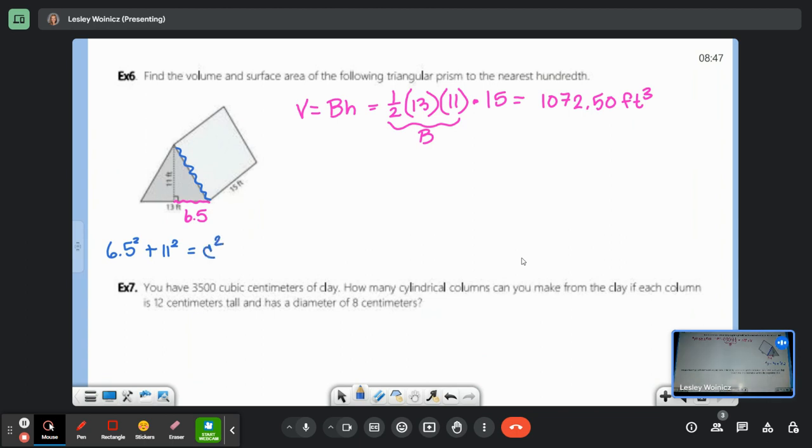What do we get? 6.5 squared is 42.25. And then the square root. Can you do a power 0.5? 12.77. That's what I remember. So it's almost equilateral, but not quite.